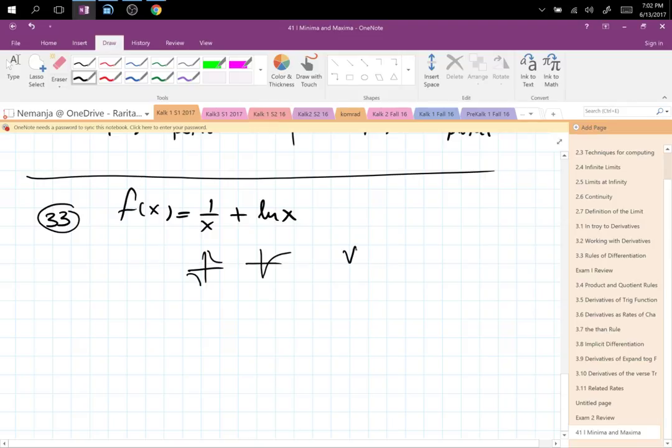Both of these have a vertical asymptote at x equals 0. The domain of the first is negative infinity to 0 union 0 to infinity, and the domain of the other one is 0 to infinity. So what is the overall domain? The intersection of both, which is 0 to infinity. So we are looking for the critical point on this.